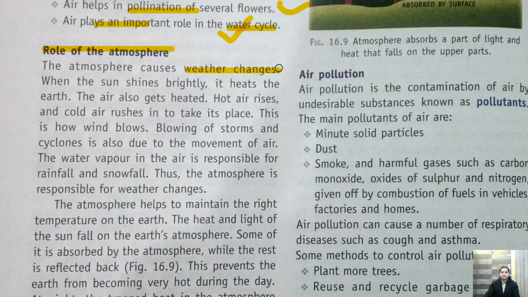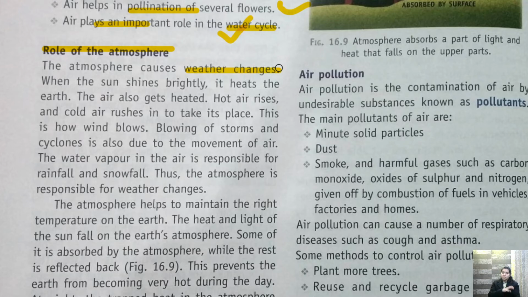क्या होता है? As the sun shines, the air becomes hot. एयर भी क्या होता है, गर्म हो जाता है. तो जब एयर गर्म हो जा रहा है तो वो क्या करेगा कि जो ठंडी एयर है, the cold air, it will replace it. गर्म हवा आ गई, ठंडी एयर चली गई.